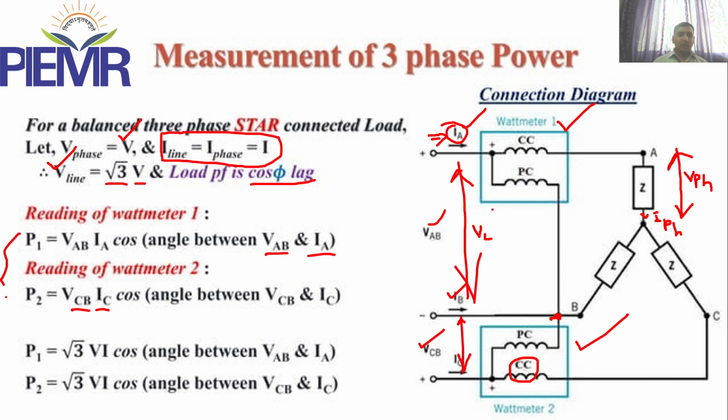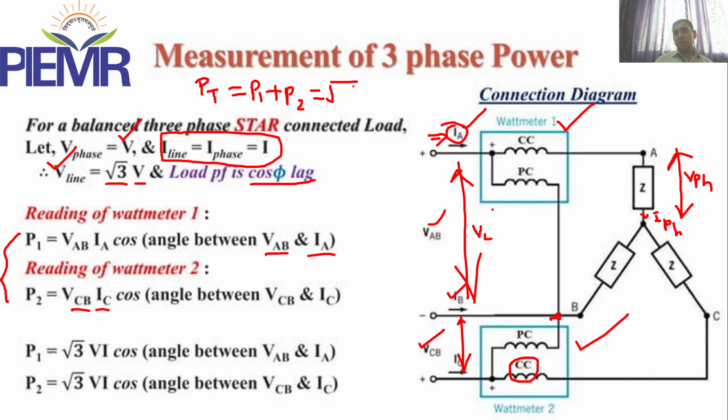Now for power 1 and power 2, we indicate that the total power, which is P1 plus P2 from wattmeter 1 and wattmeter 2, will show the 3-phase power measurement. What is meant by 3-phase power measurement?